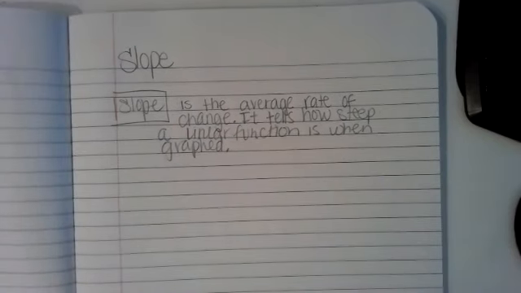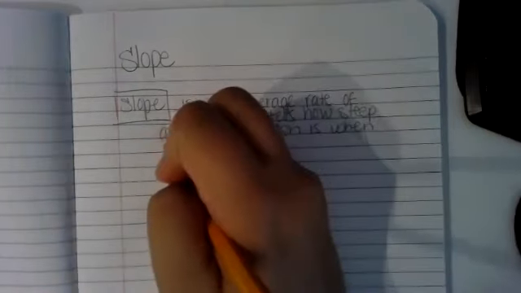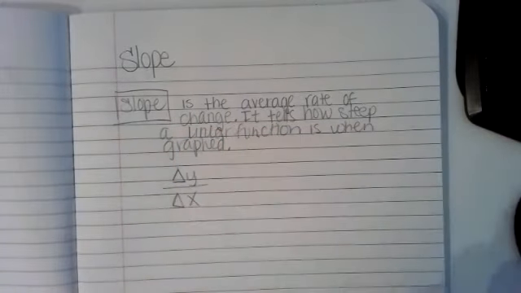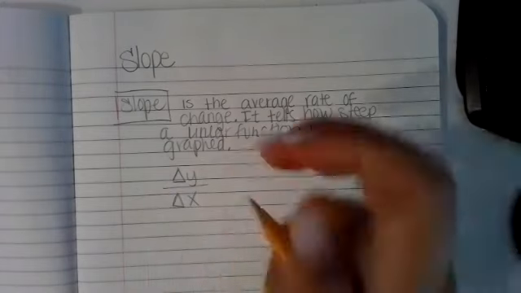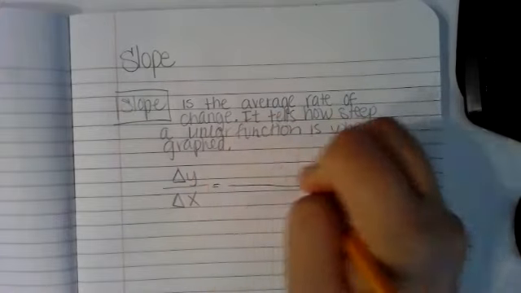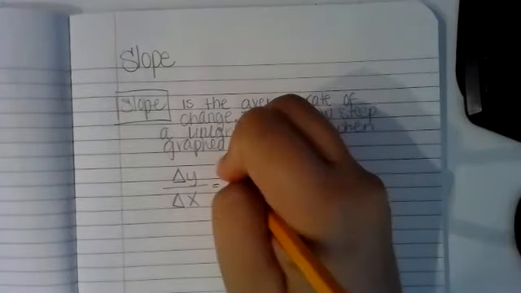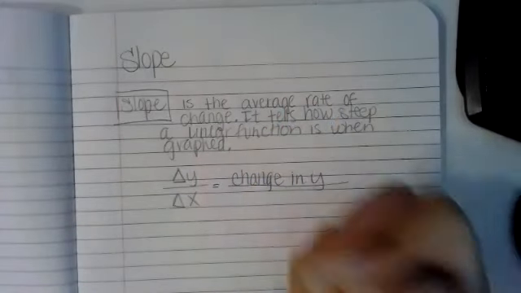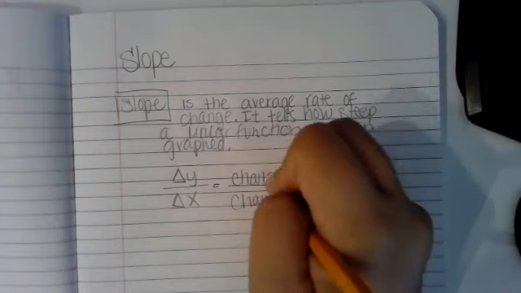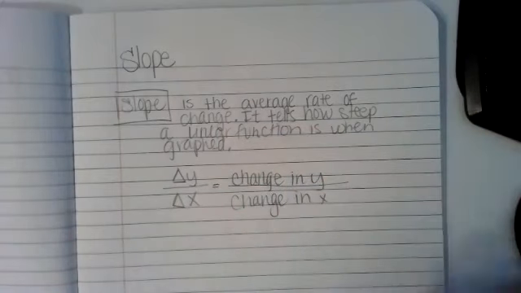So we represent slope with the formula delta y over delta x. That triangle is called a delta symbol. That is a Greek letter of the alphabet. And what does that mean? It means the change in y over the change in x.